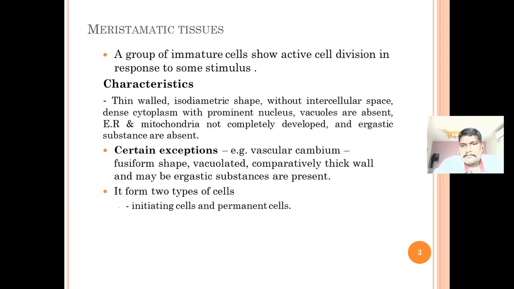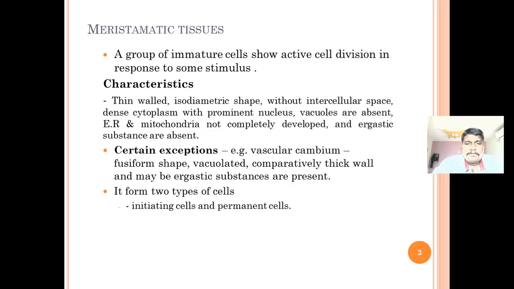If you take the vascular cambium, it is not isodiametric in shape, it is fusiform in shape, vacuolated, and the walls are not thin, they are thick. And ergastic substances may be present.